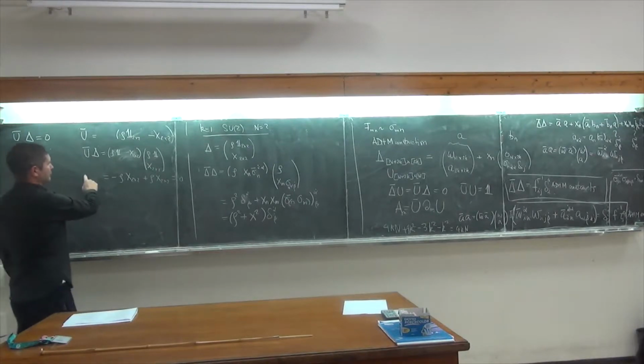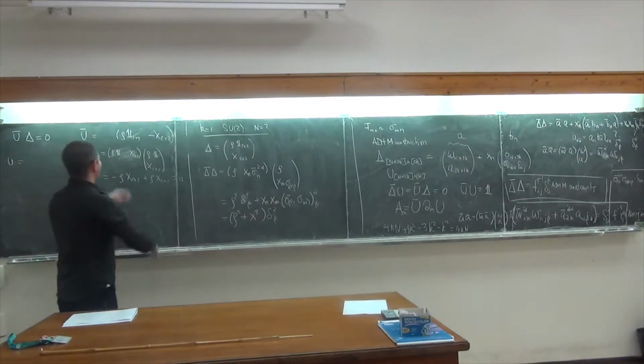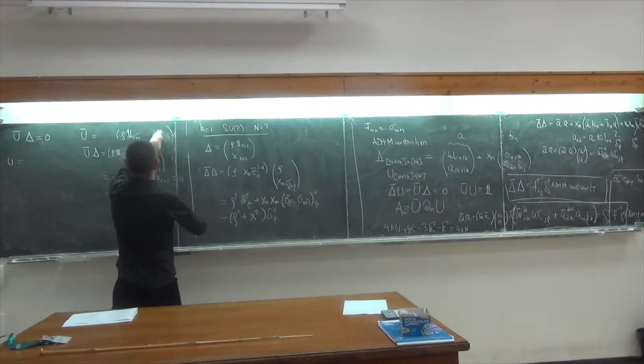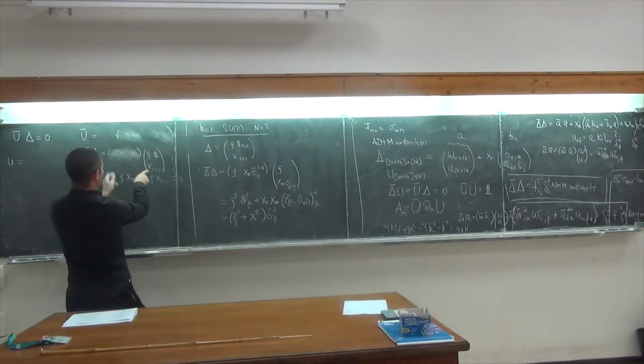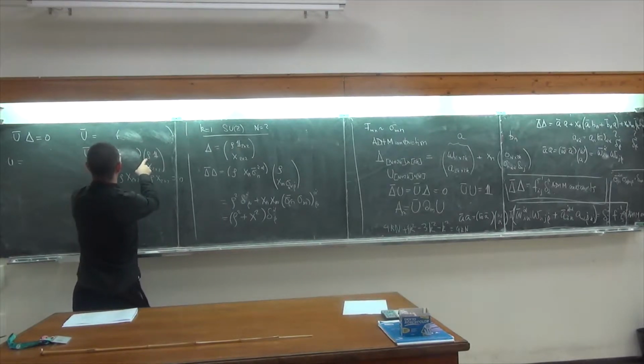No, it was correct. Sorry. Then I want that this is 0. Therefore, I should write here minus x22, and I should write here rho.